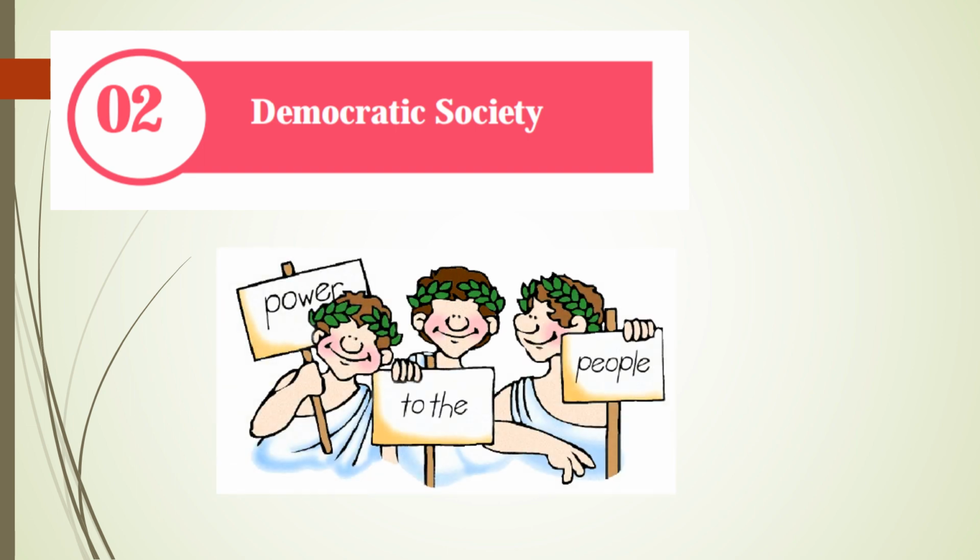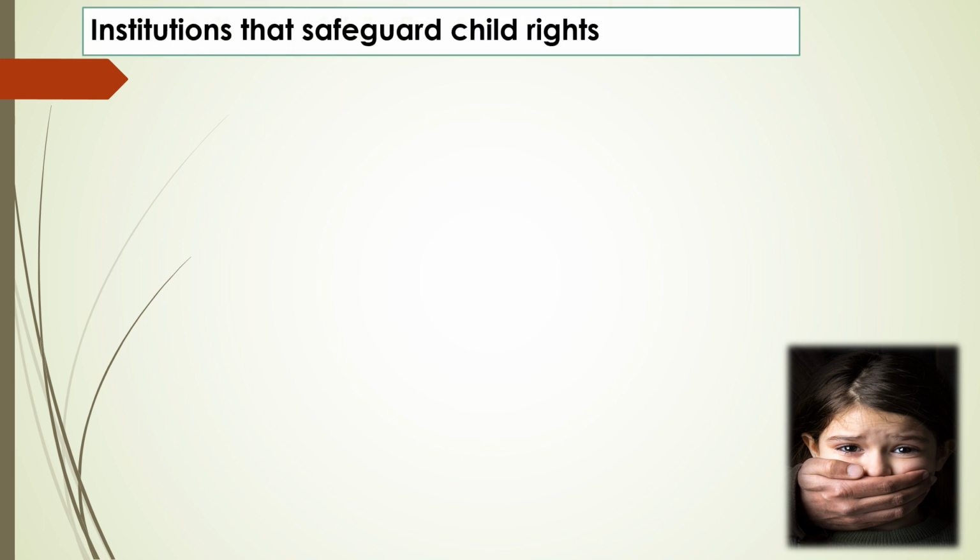We have been studying the second unit, which is Democratic Society. We have studied up to page number 38 in your textbook, and now we will focus on the institutions that safeguard child rights.